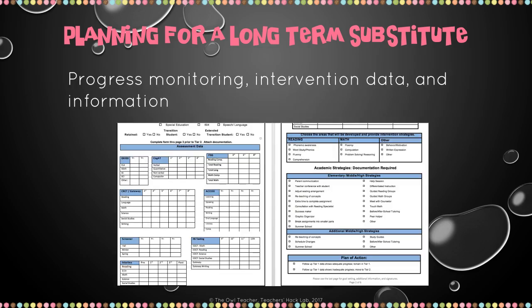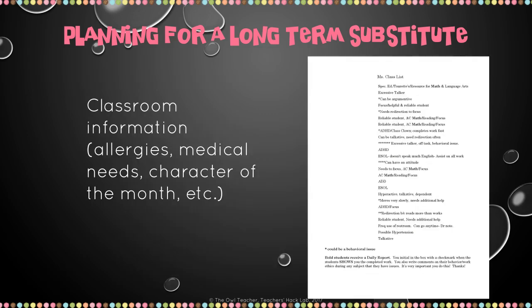You also want to include information for your long-term sub regarding progress monitoring, intervention data, and information. And then again, this is an example of my class list. I just took their names and put them on the left side, but classroom information such as allergies, medical needs, character of the month, and so on.